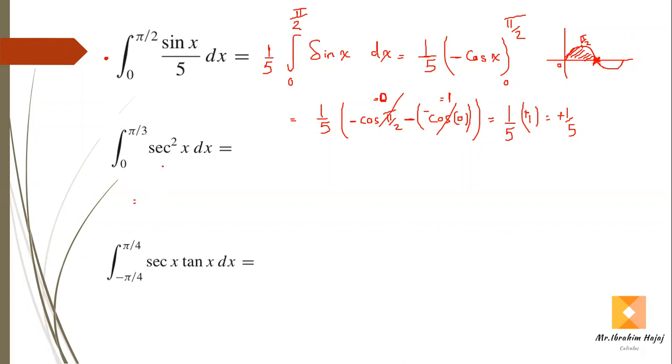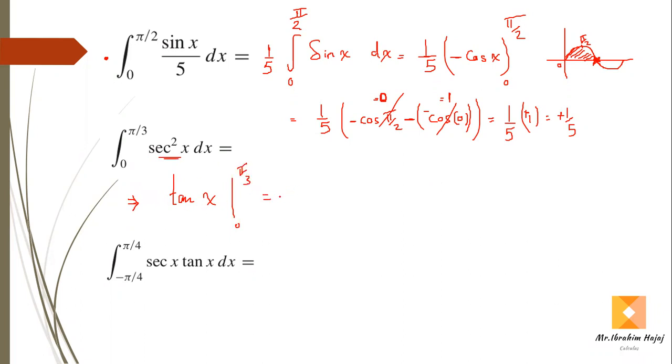Next question. The integral from 0 to pi over 3 of secant squared x dx. The antiderivative of secant squared is tan x, from 0 to pi over 3.